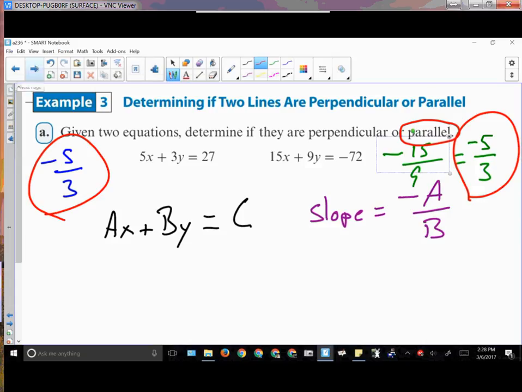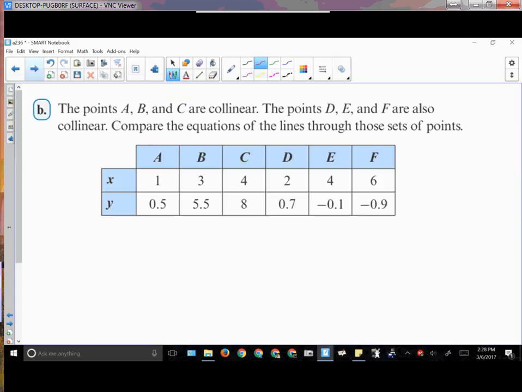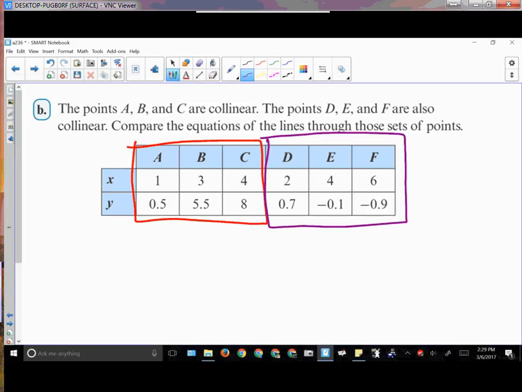Now, when I take a look at something like this, all I have are coordinates. Now it tells me that A, B, and C are collinear. So this group here should be on one line. This group over here should be on another line.